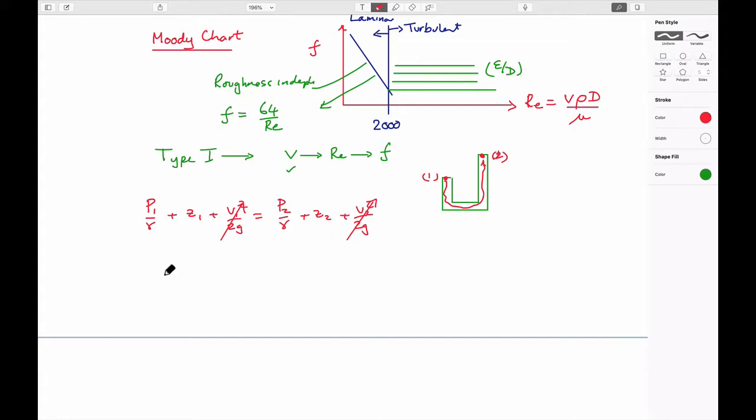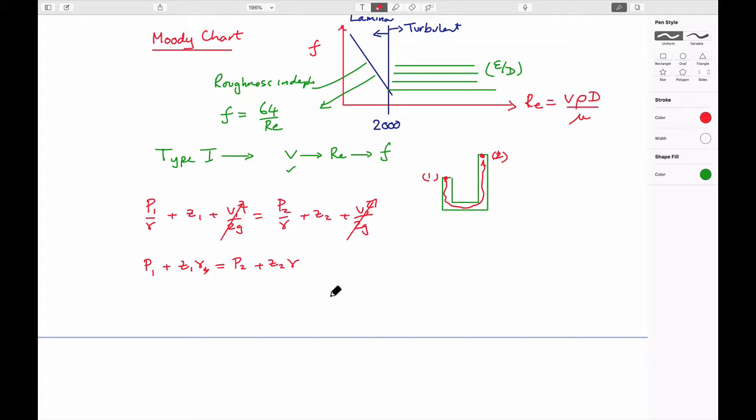And so the manometer equation, in this particular case, we could just multiply by unit weight: P1 plus Z1 gamma 1 is equal to P2 plus Z2 gamma. They have to be the same unit weights in this particular case.